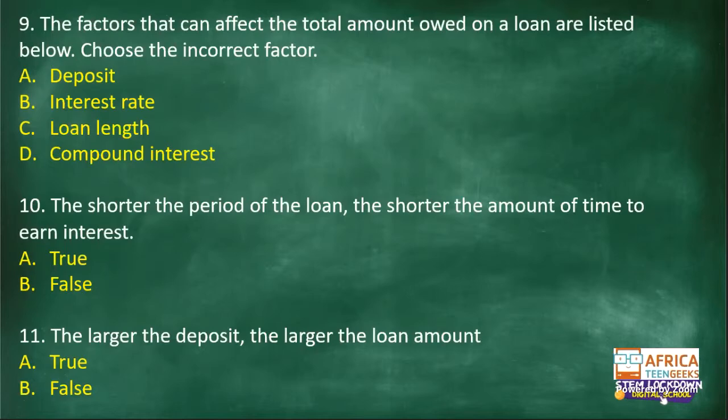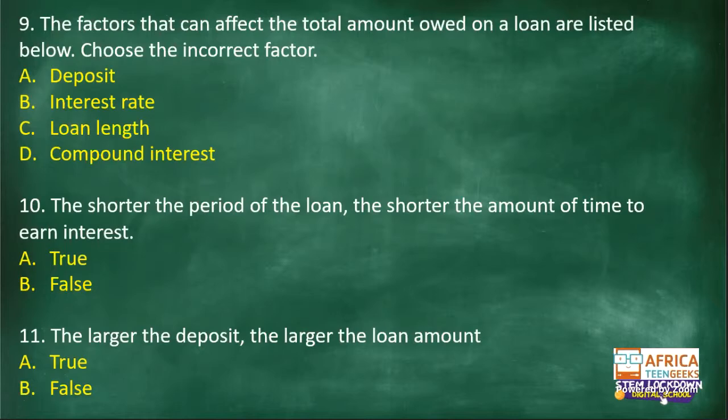The more years you add to your loan, the more you will pay. If your loan takes, for example, 20 years, and someone pays the same loan in 10 years, if you are paying over a period of 20 years, you are likely to pay more. So yes, the loan length can affect the total amount that you owe on a loan.